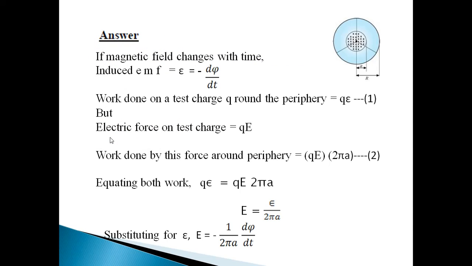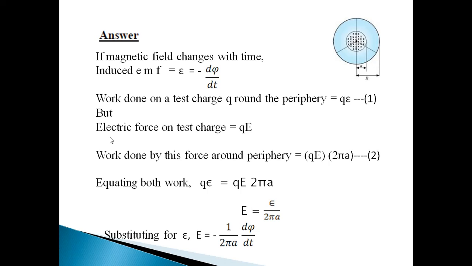If the magnetic field changes with time, then there is an EMF induced in the wheel given by epsilon is equal to minus d phi by dt. Now the work done on the test charge Q around the periphery is Q into epsilon.